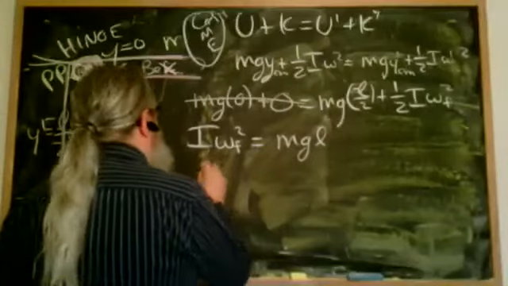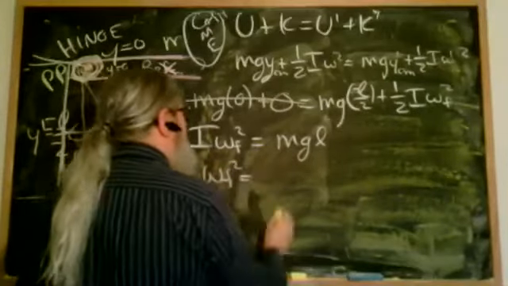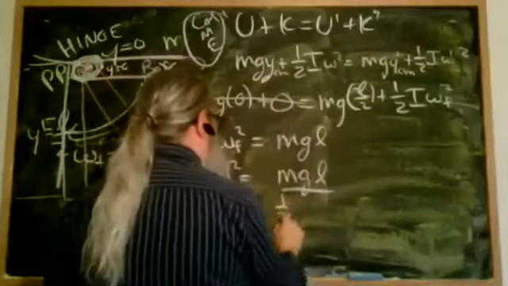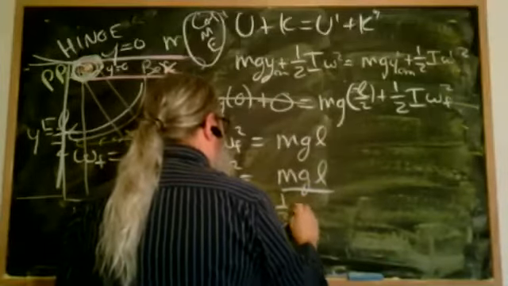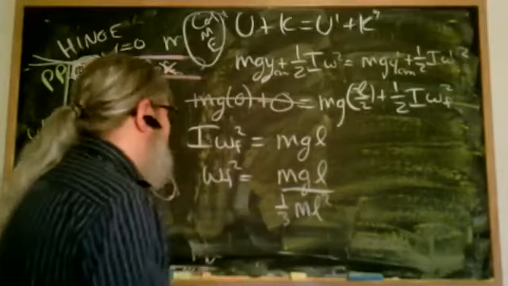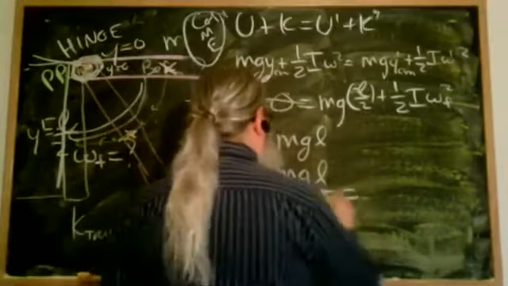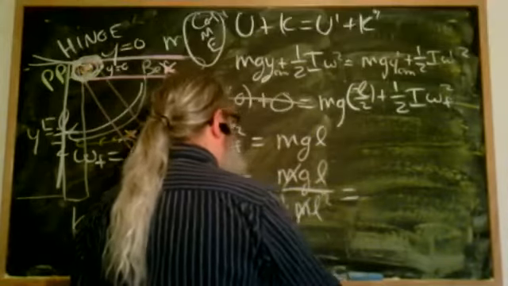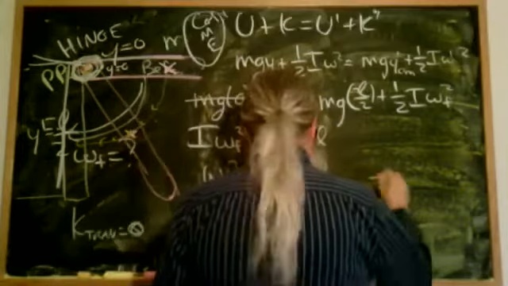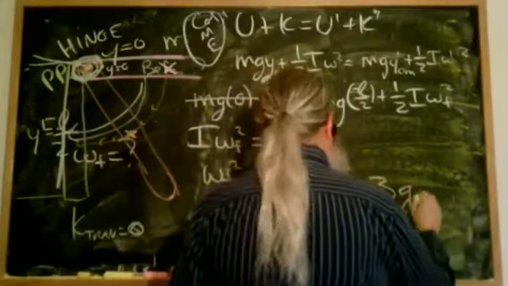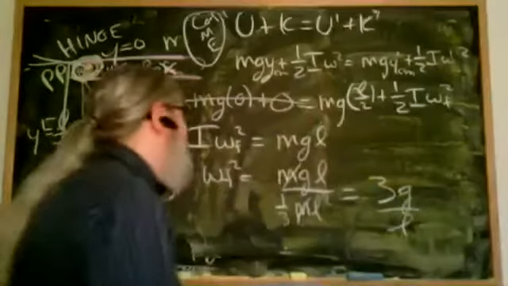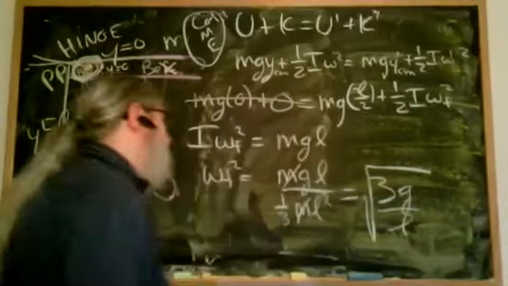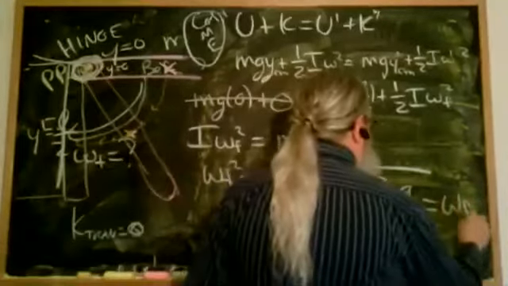So omega f squared is equal to mgL divided by I, which we said is 1/3 mL squared. The m's cancel, one of the L's goes away, so this is equal to 3g over L. And of course I have to take a square root to get omega final.